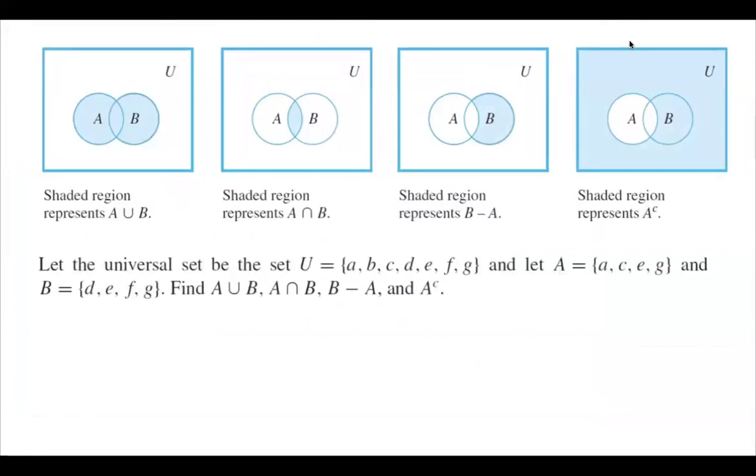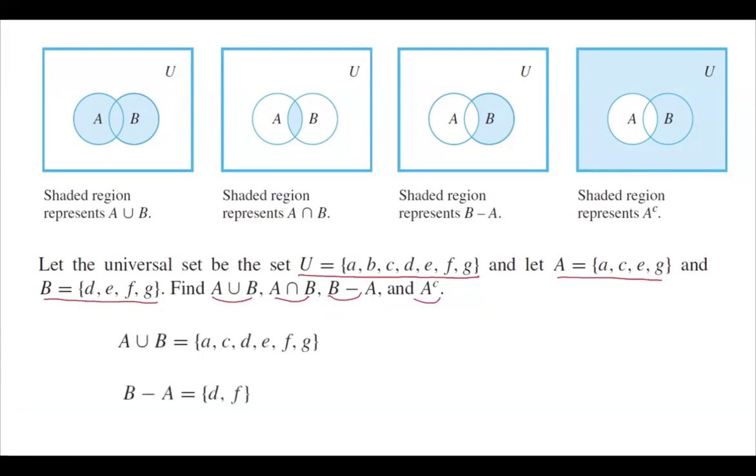Finally, if you have a universal set or a sample space, including A, B, C, D, E, F, G, and you take different events from that sample space, or take some subsets from the universal set, we can form the union, intersection, the difference, and the complement.